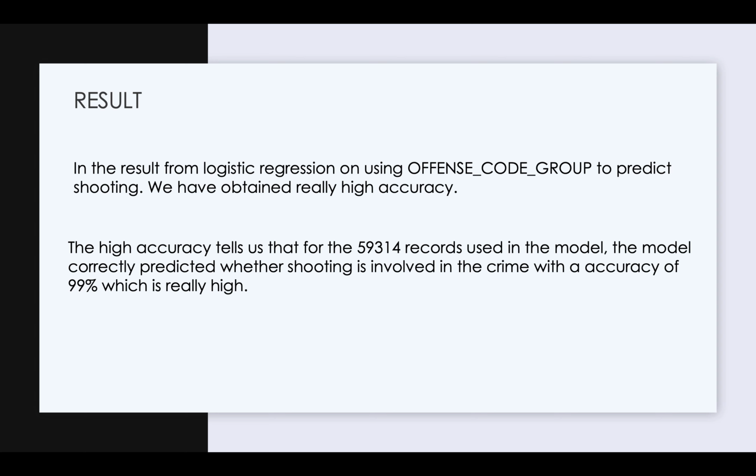The 59,314 records is the size of the training dataset. That's how I applied the logistic regression: I trained it on the training dataset and applied it on the test dataset in order to see its performance.